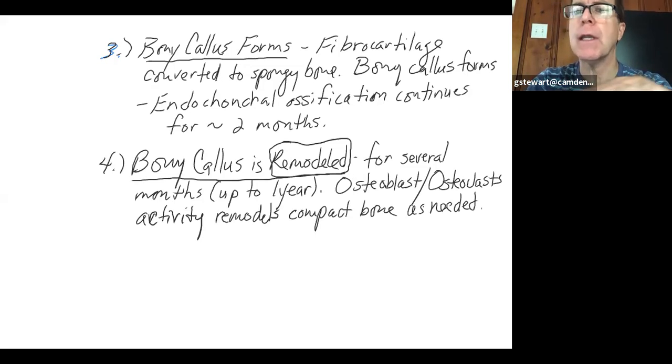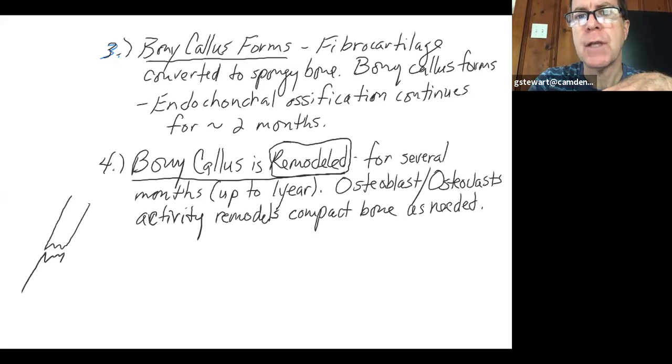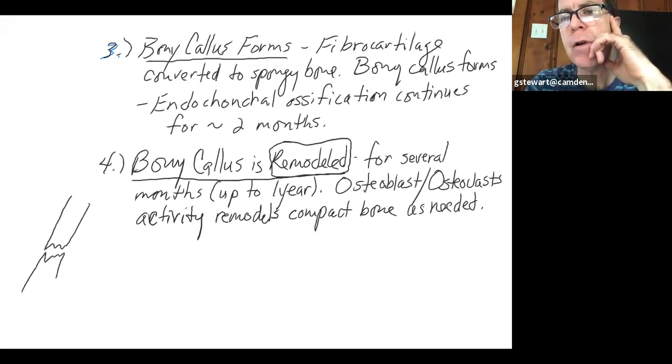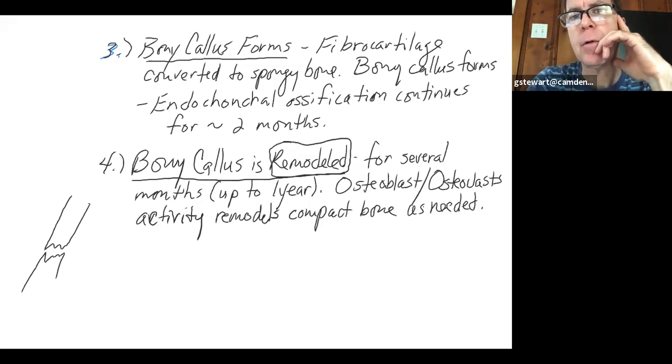And sometimes we can even see, so here's our original broken bone. Just to go through the stages again, a blood clot forms first, all sorts of blood vessels invade the area. We get a fibrocartilage callus around that broken area to help mend and splint it. That fibrocartilage then converts to actual bone tissue.